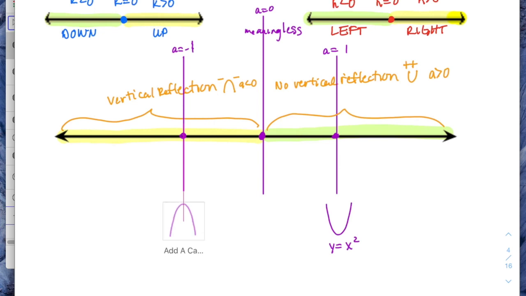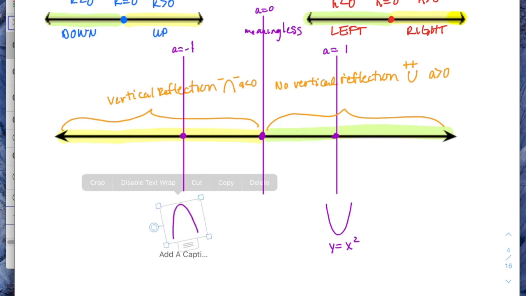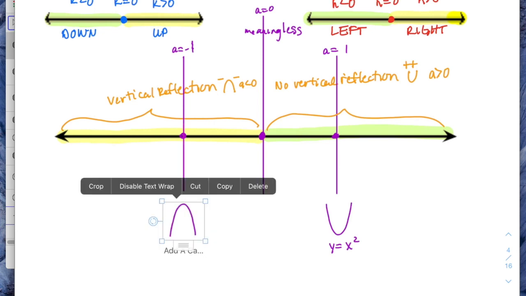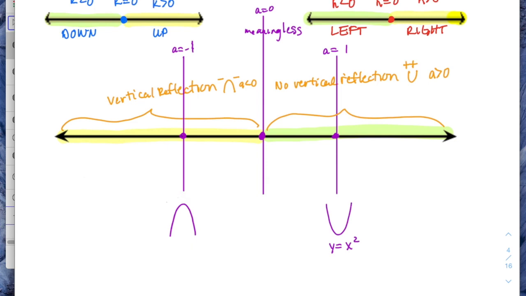It would just be facing downward. So this would have the shape y equals -x squared. And of course, you would still have to apply the vertical and horizontal translation, but this is the shape. Remember, we said that A equals 0 is meaningless, so we don't have a diagram for it. But now I want to talk about what happens with these other regions.